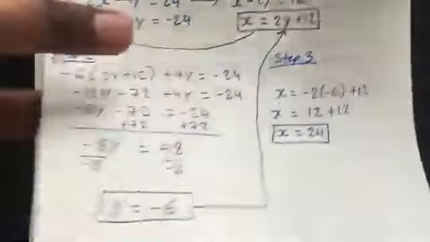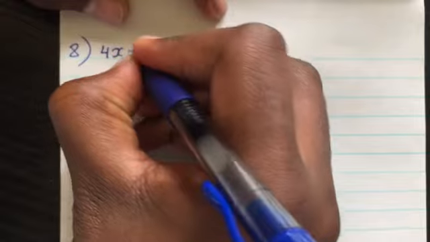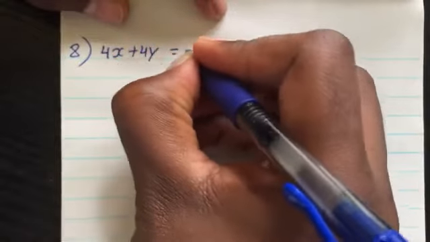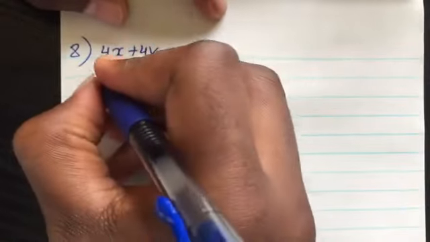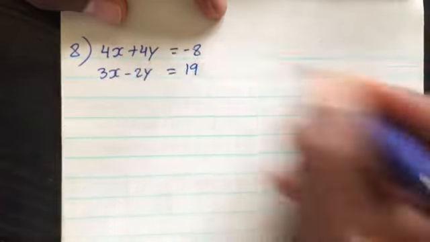Let's do problems 8 and 9 here. Problem 8. 4x plus 4y equals negative 8, and 3x minus 2y equals 19.